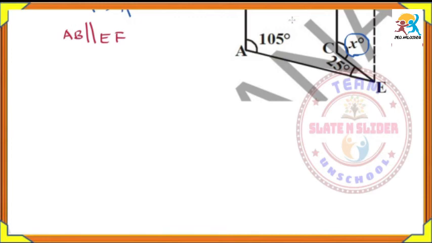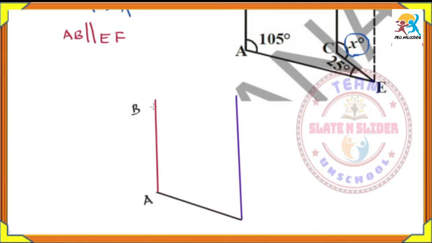I will draw the two lines, this is AB, and this is EF. I will draw like this. So I will give the names AB, and this is EF.